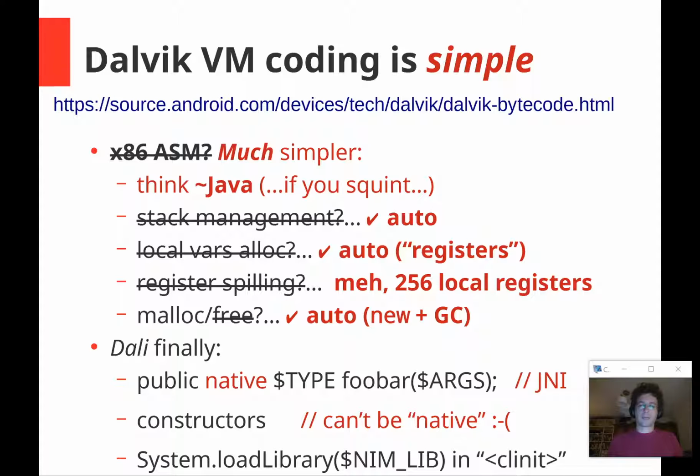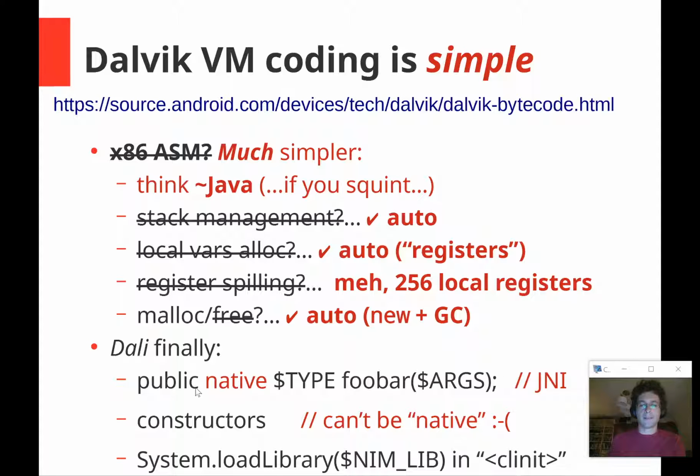So if you get back to the previous idea, we want this basically only for this bridge or glue part. So we want it to be as thin as possible. Basically all that is needed are just shims for methods. If we add a native qualifier to a method in this DEX or Java file, this means for Dalvik that the implementation of the method is actually in native code.